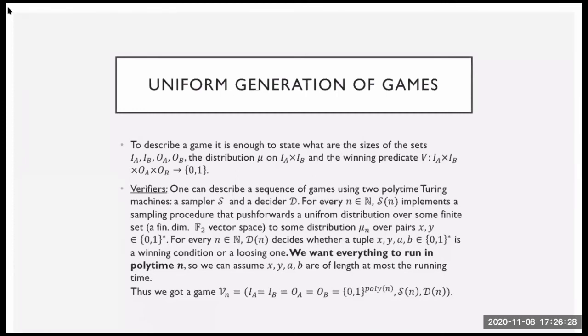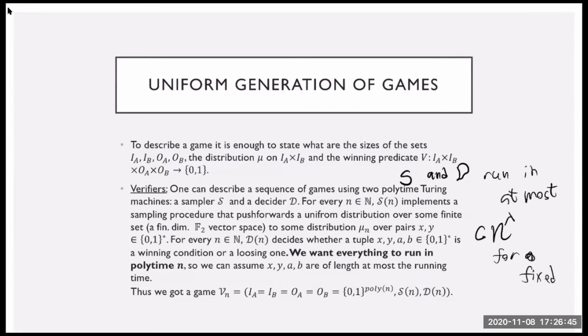I mean that S and D run in at most C times n to the lambda steps, for a fixed C and lambda. So we fix beforehand 2 constants, C and lambda, and our 2 Turing machines, S and D, both run at most C times n to the lambda steps.